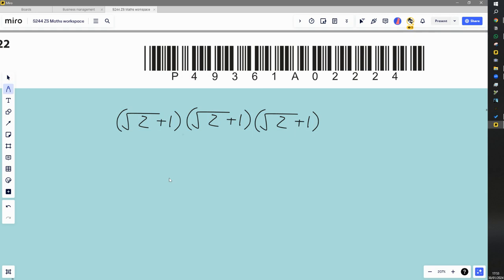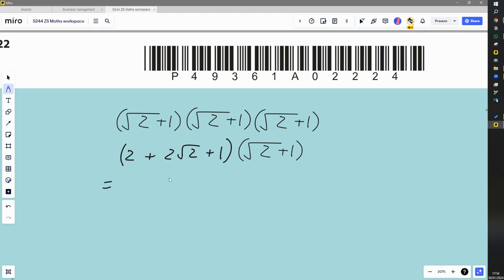Root 2 times root 2, I'm just going to do the first two brackets first. Then plus root 2, because it's root 2 times 1, plus another root 2, which is root 2 times 1, so plus 2 root 2, then plus 1 because we've got 1 times 1 there. And all this is multiplied by the third set of brackets.